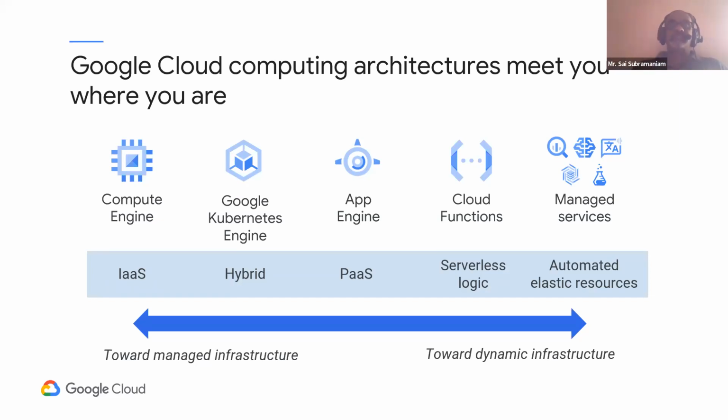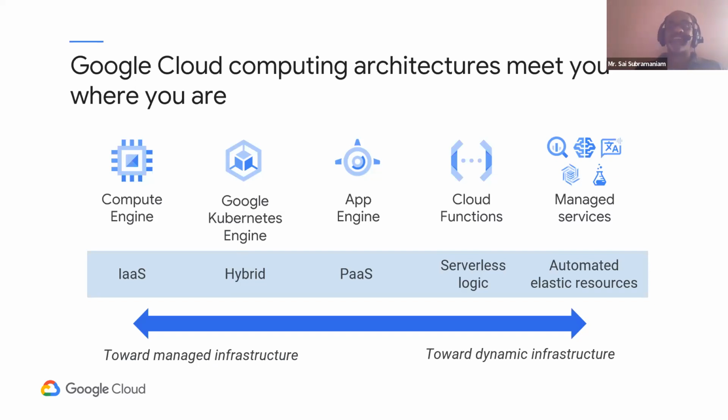As I just listed, the 3 basic services provided by the Google Cloud Platform, the first is IaaS. As you can see, Compute Engine. So Compute Engine is an important service which provides you IaaS, infrastructure as a service.